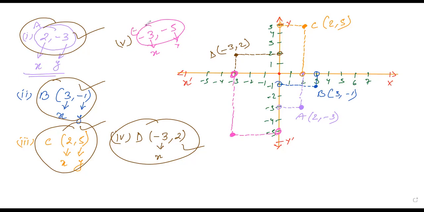Suppose this is E. This was point E, and that would be (-3, -5) like this only.